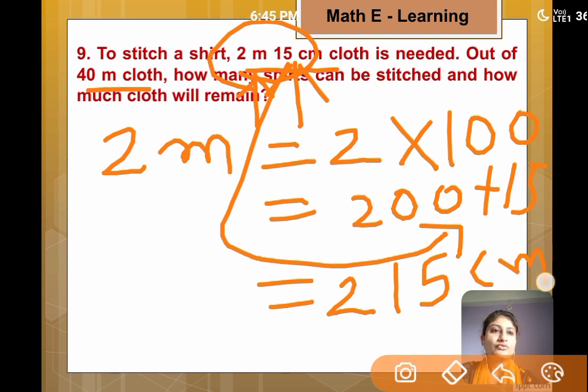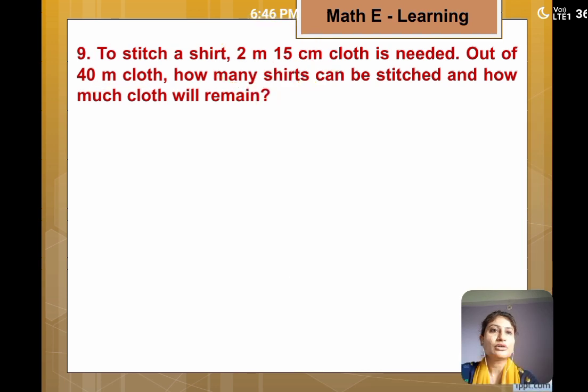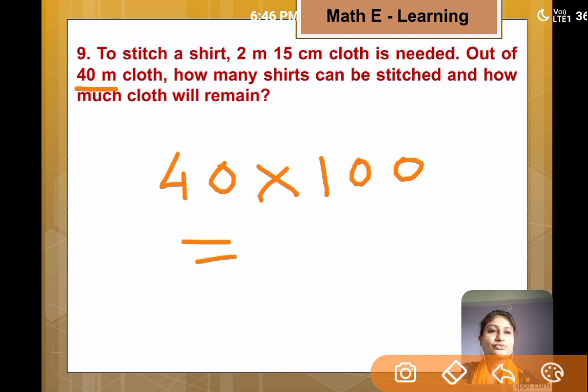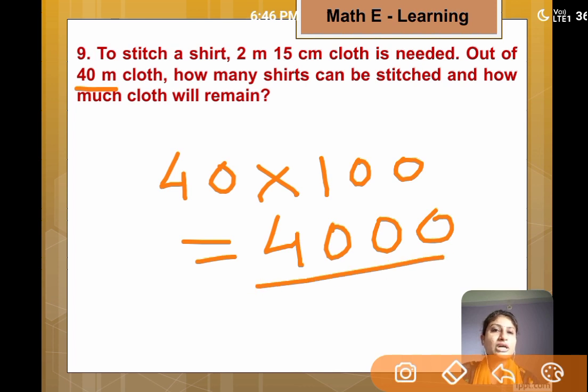This is about one shirt only. Now total cloth is 40 meter. Again it is in meter, so we will convert to centimeter. So 40 multiplied by 100 is equal to 4000 centimeter. So cloth is 4000 centimeter.